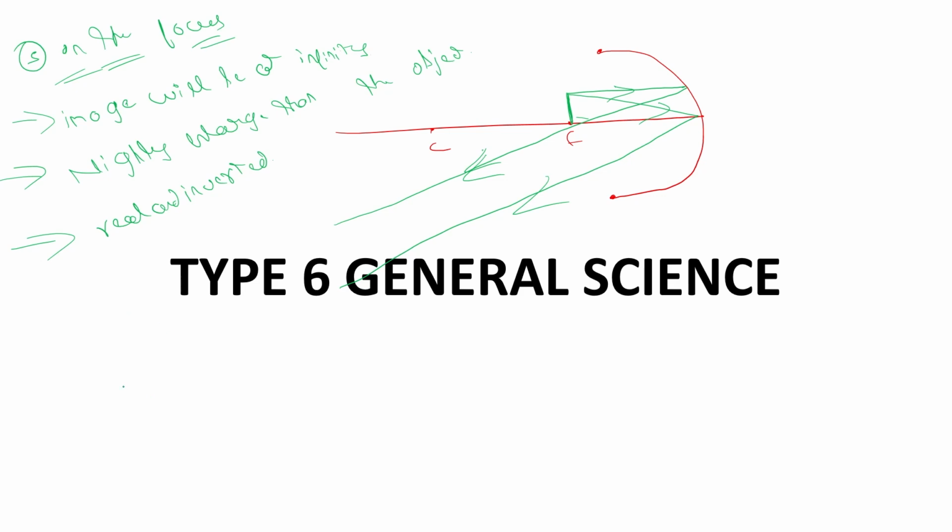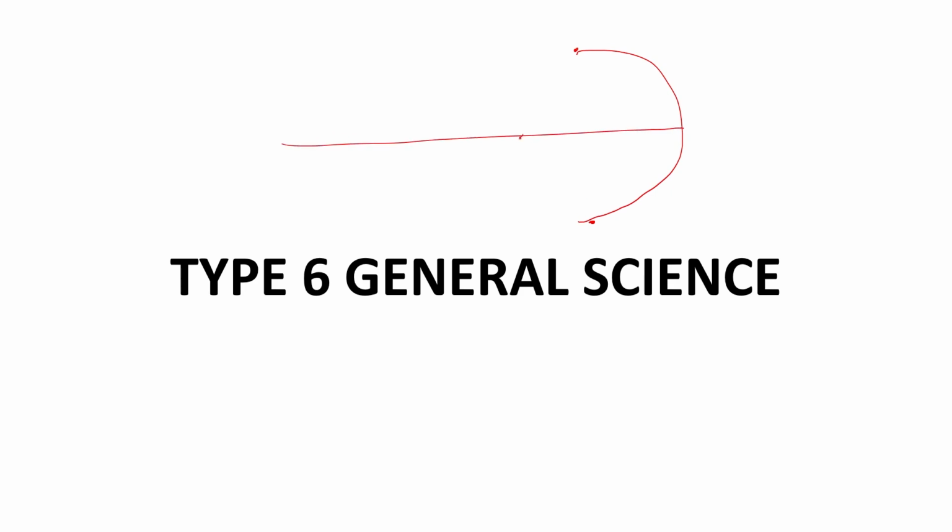Now, the last case we have to discuss is between the focus and the mirror. The object is in front of the mirror, before the F. It is the sixth case.